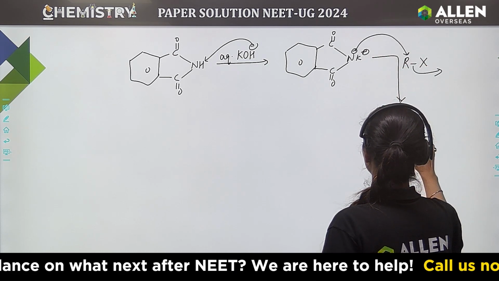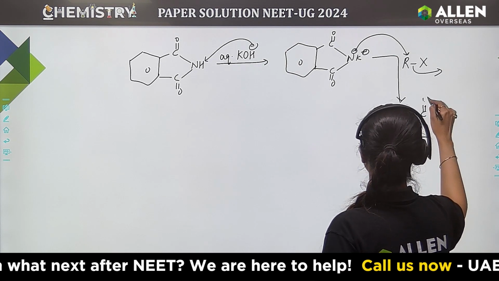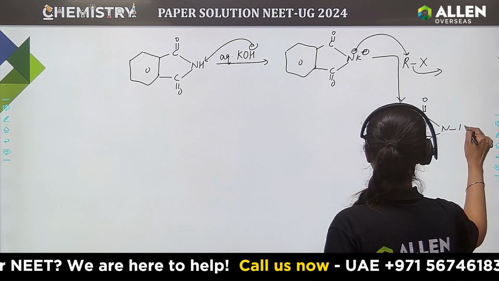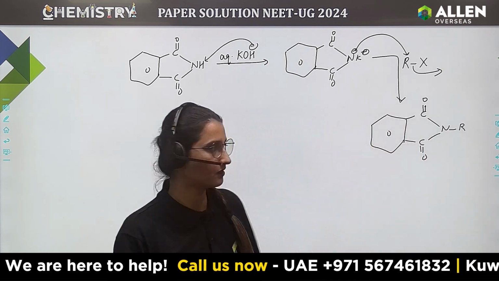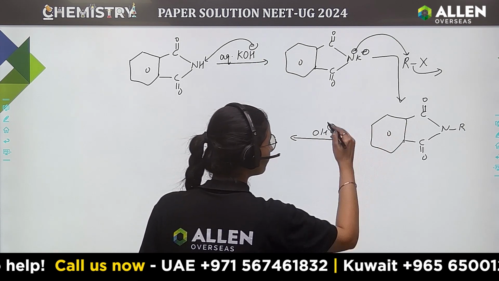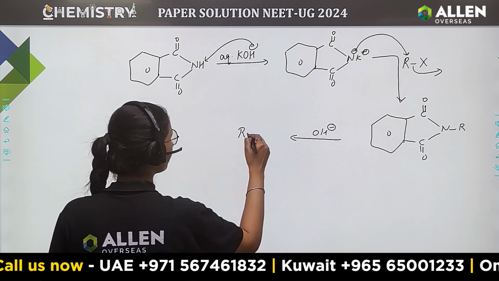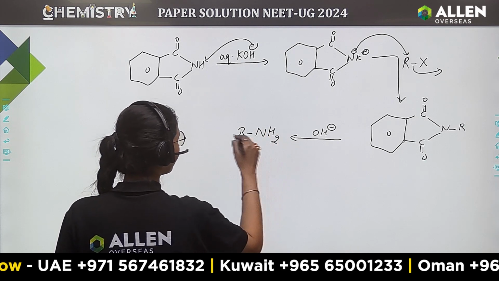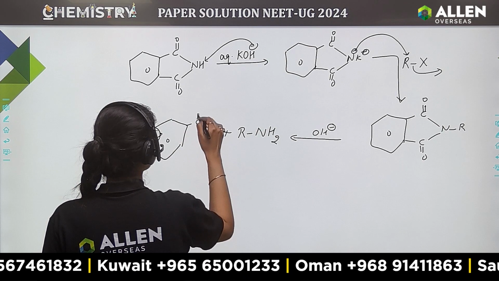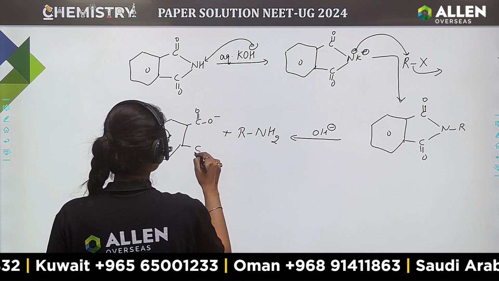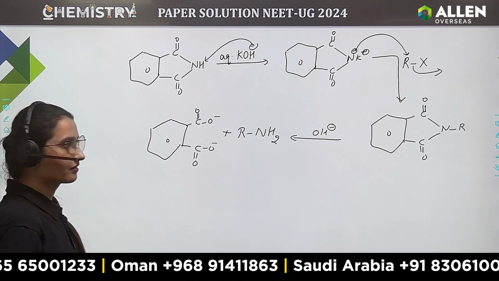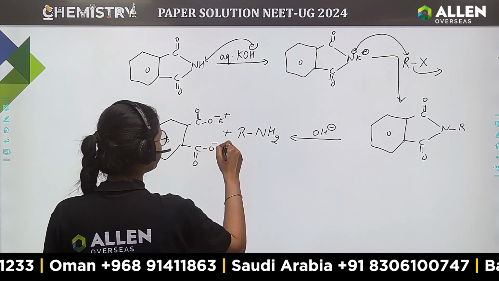Further mechanism continues. Then we add base again. The base will attack here and here. It leads to the formation of RNH2 and phthalate ion, with K plus present.